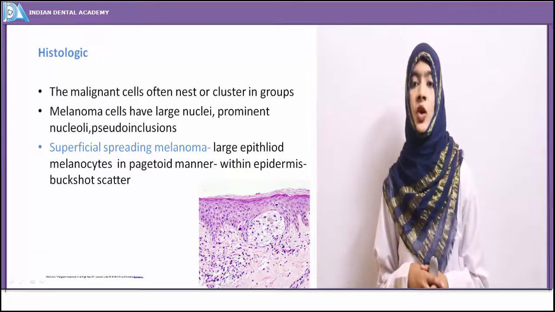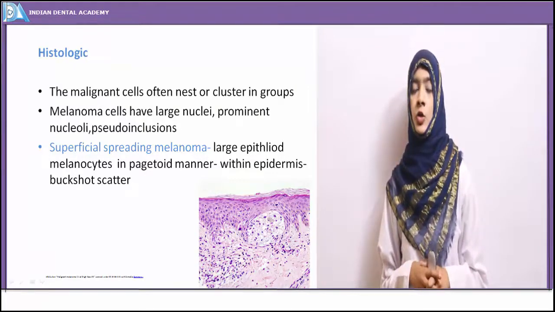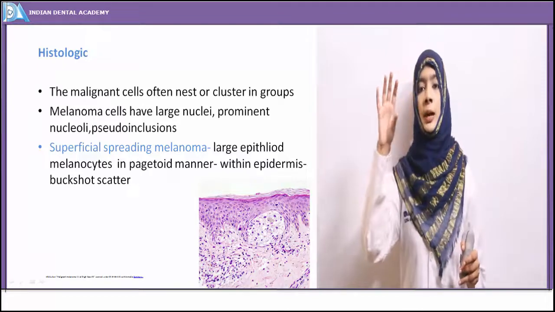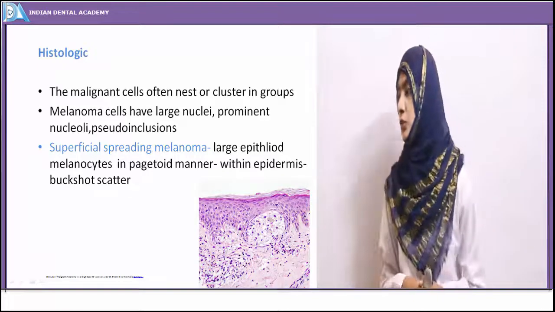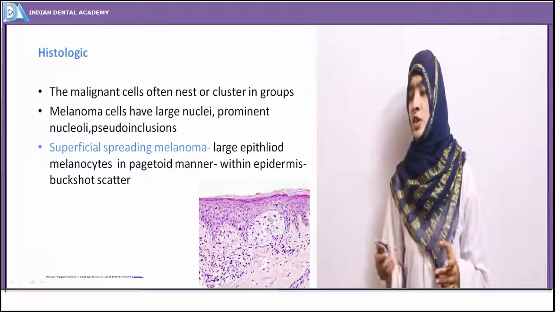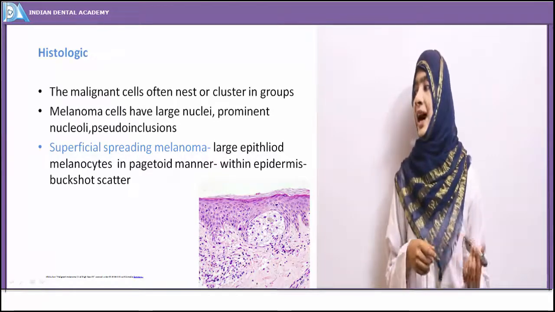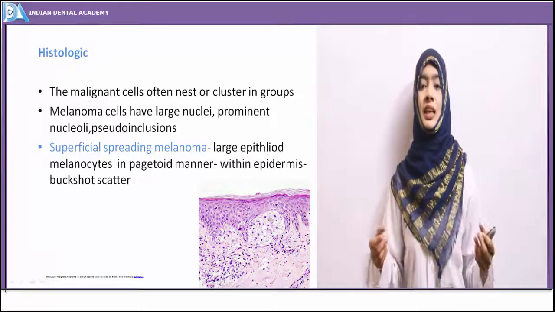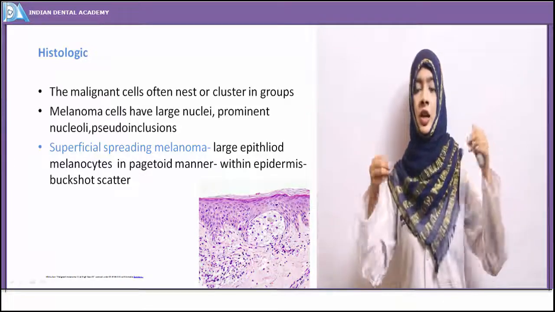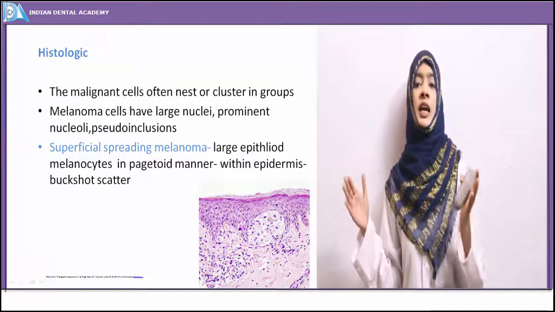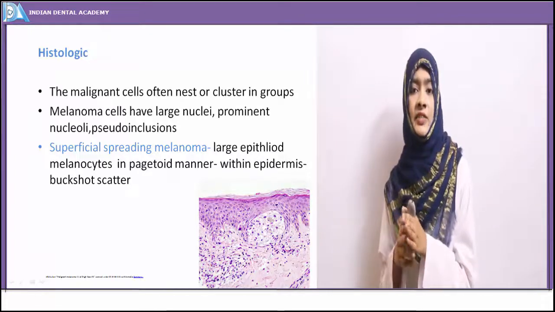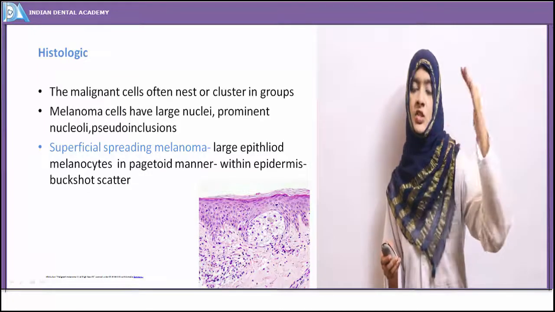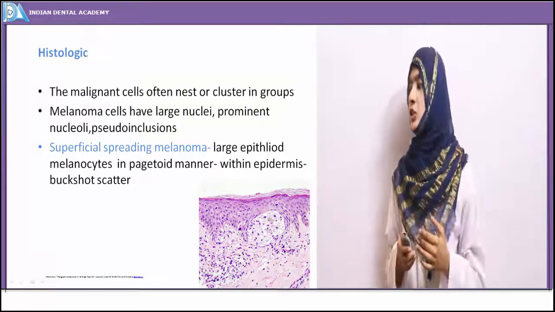For the nodular forms of melanoma, the melanocytes are concentrated only in the epithelium. They do not extend into the connective tissue. For the superficial spreading type, large epithelioid melanocytes may be seen in a pagetoid manner. That is, they tend to spread laterally or in a diffuse manner. Sometimes again they appear relatively static at a few levels as one proceeds from the epidermis to the underlying connective tissue.